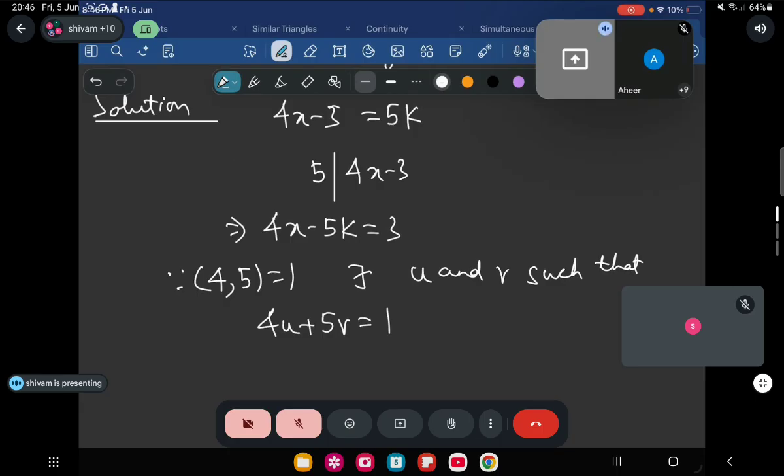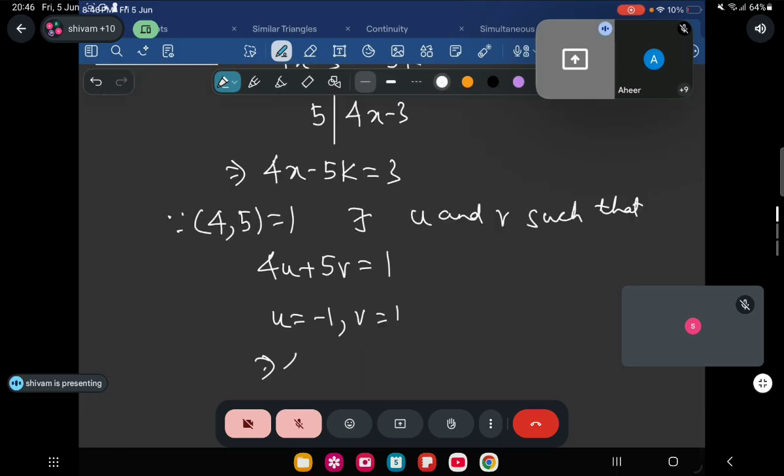It's very simple, right, to find out u and v. u is equal to minus 1, v equal to 1. This implies 4 into minus 1 plus 5 into 1 is equal to 1.